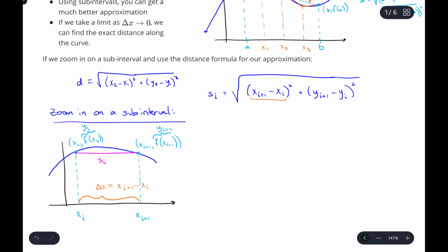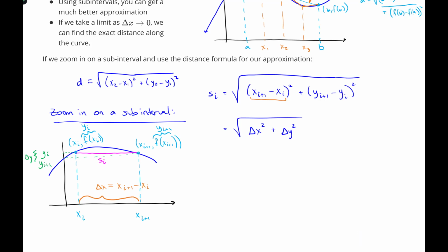So I could really simplify this and just say this is the square root of delta x squared. And then I can do the same over here as well. I didn't really leave myself a lot of room for delta y, because this would be y sub i, and not much lower than that is y sub i plus 1. But the difference between those two is still known as delta y. So let's write that in as delta y squared.